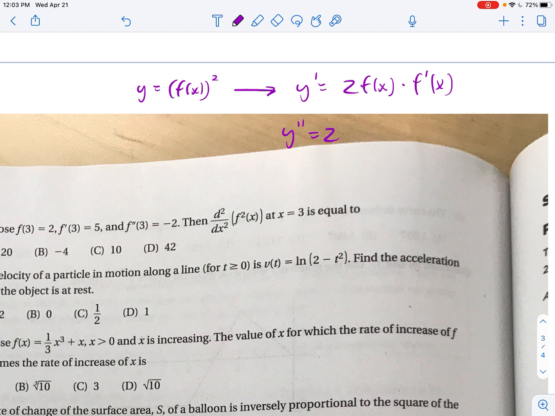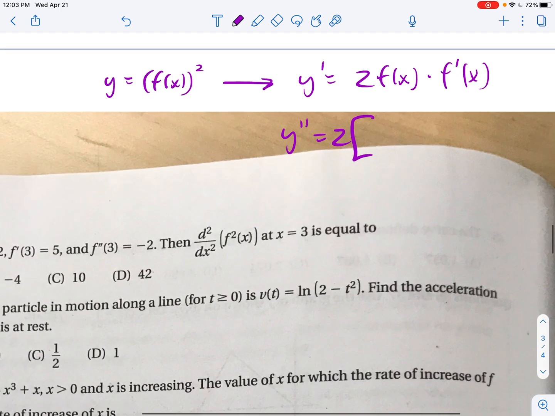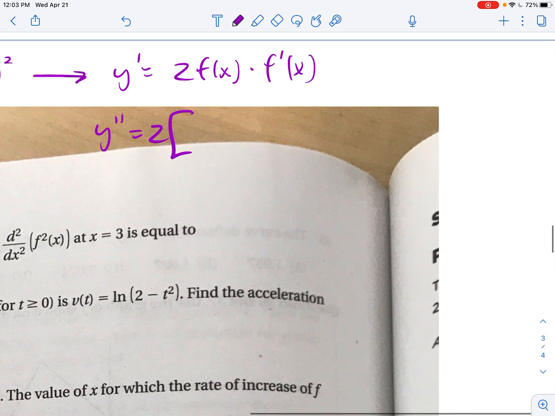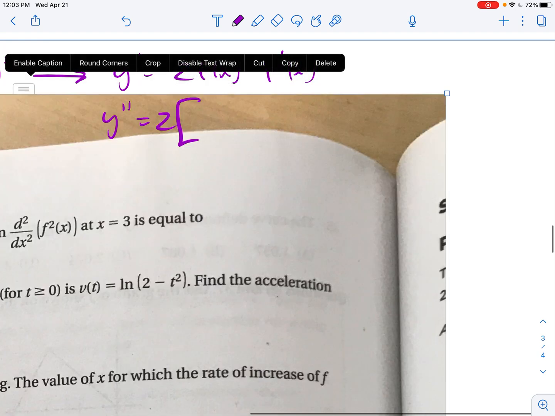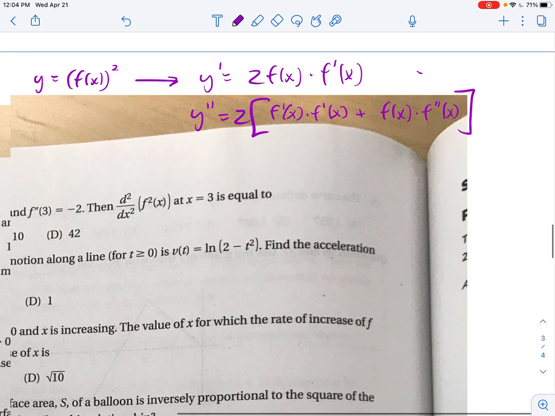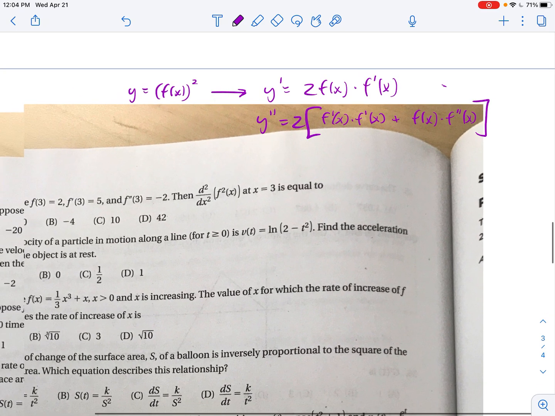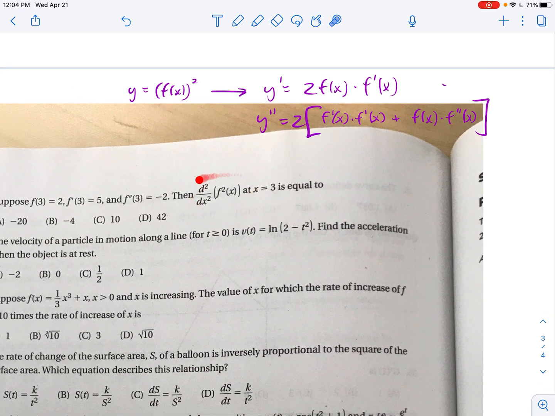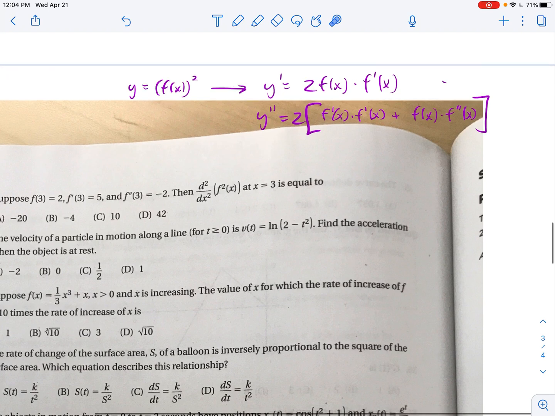If I take another derivative, there's a 2 on the outside, by product rule, derivative of the first times the second, plus the first times the derivative of the second. I think this is a very reasonable problem, except for that weird notation. So they want to know what is the value of that second derivative of this thing when x equals 3.